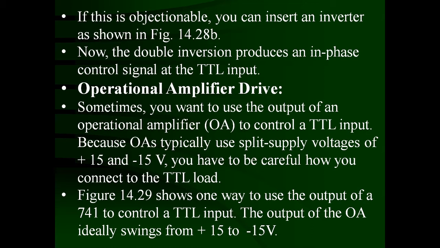That means the output of the op-amp can swing, either plus 15 volt or minus 15 volt. But this voltage can damage the TTL input. The TTL input can tolerate up to 5 volt, or at most 5.5 volt. So if 15 volt is applied, it can damage the TTL inputs.